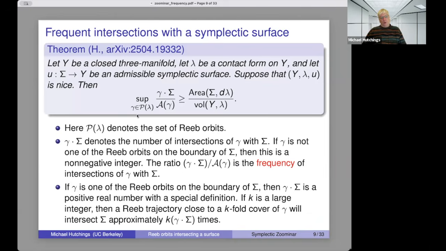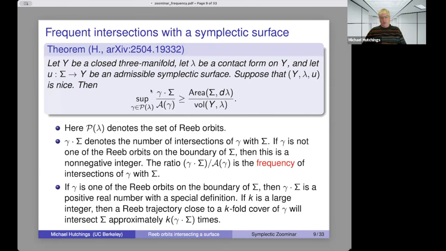Then the supremum over all γ in P(λ), the set of all Reeb orbits, of this fraction is greater than or equal to the area of the surface divided by the volume of the three-manifold. And what is this thing on the left-hand side? Well, the denominator is the action or the period of the Reeb orbit, and the numerator is the intersection number of γ with Σ.